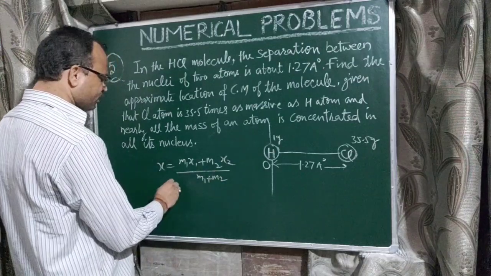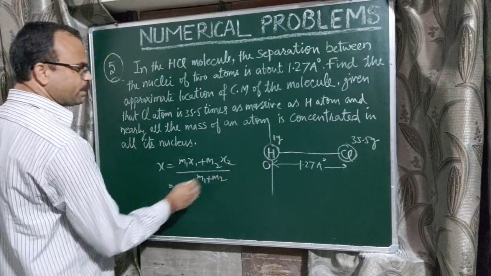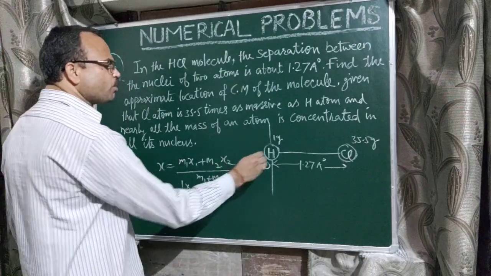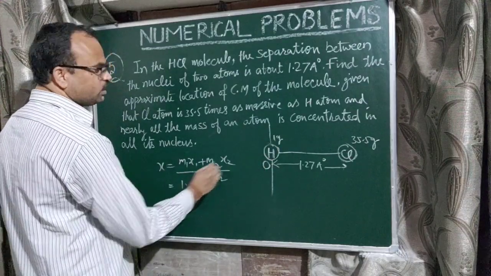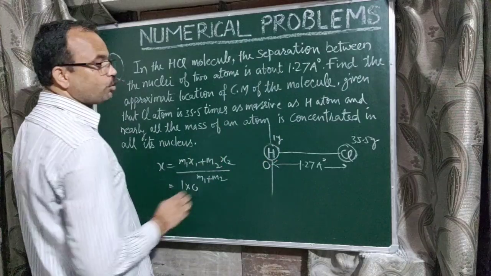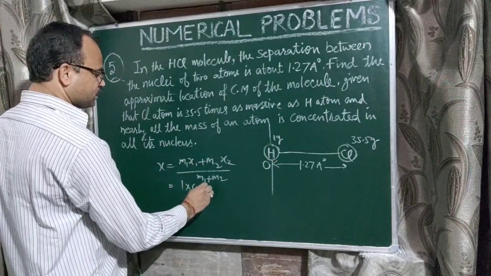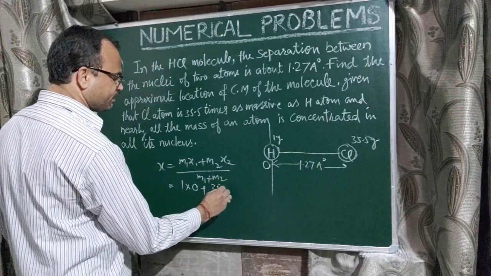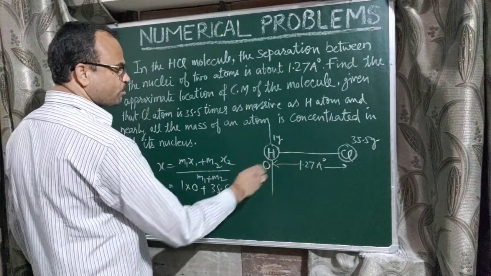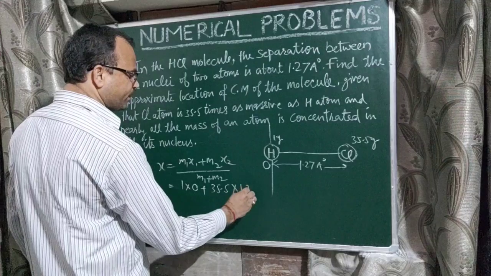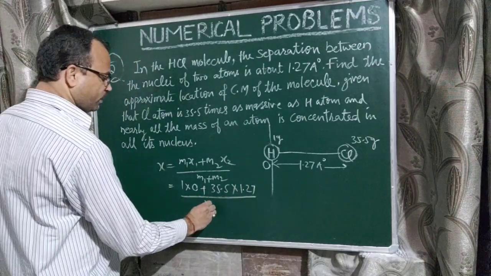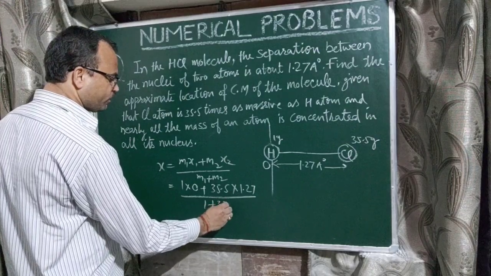Very simple formula. Now put the values: m1, which is H, is 1 gram, and its distance from the origin is 0 because this atom lies at the origin, plus the mass of the chlorine atom is 35.5, its distance from the origin is 1.27 angstrom, upon the total mass 1 plus 35.5.